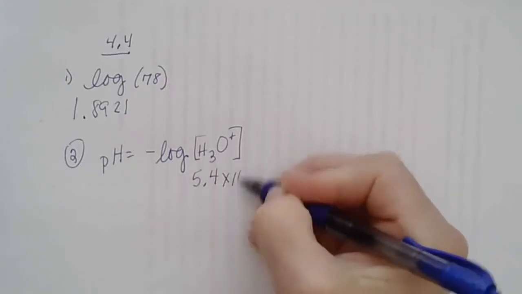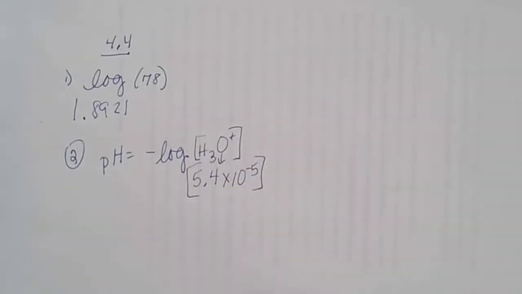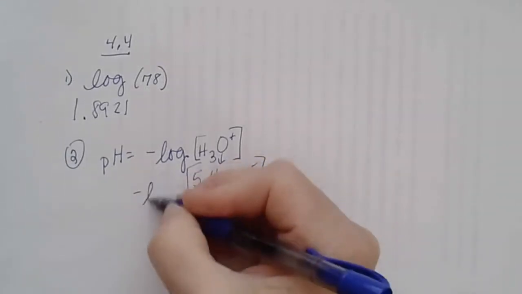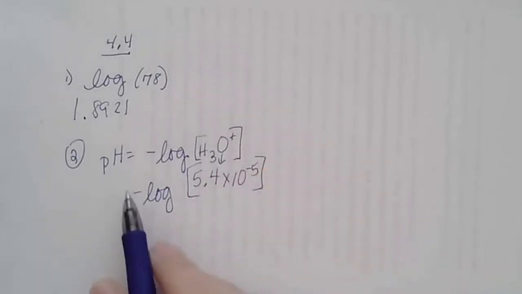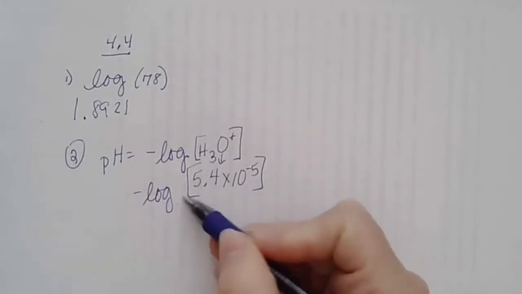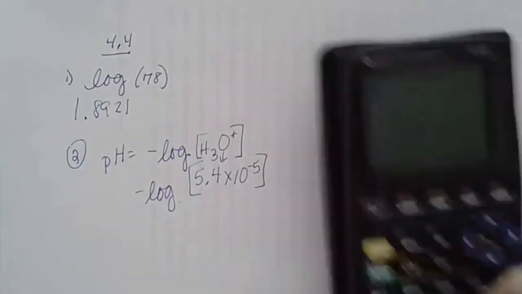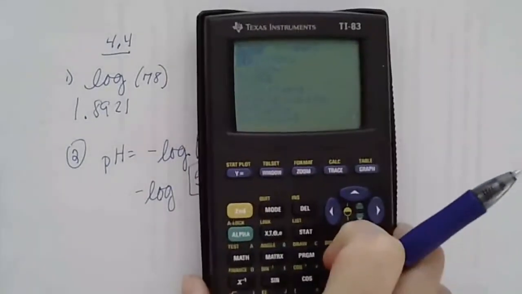So we plug that in directly, that's what that value is, and then we use the calculator for pH, which is negative log. It's an understood base 10, so that's our regular calculator button pushing. Say I'm using this calculator.